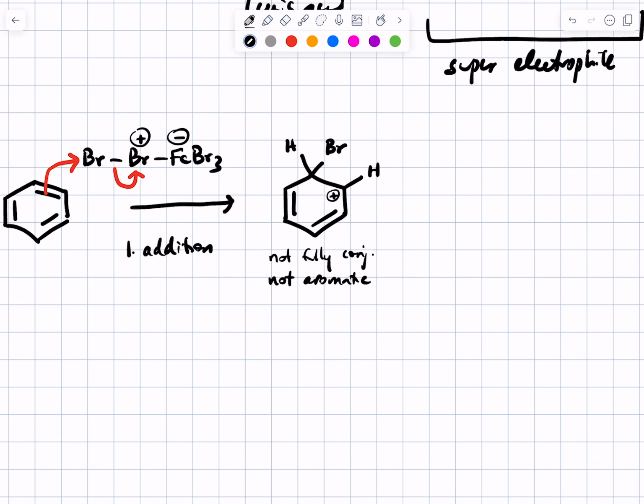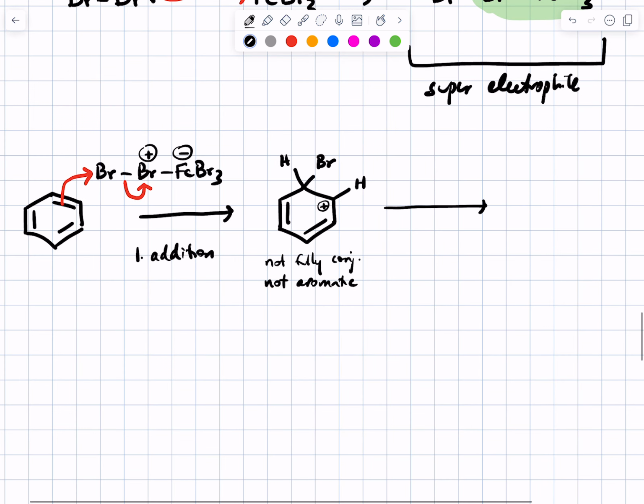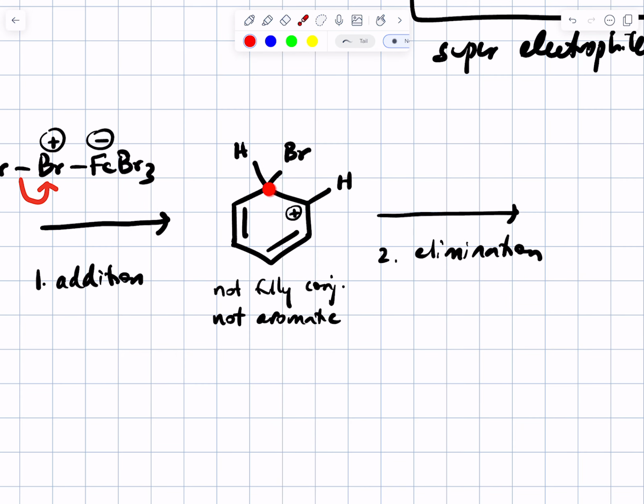What will happen next is different from what happened in the alkene reaction. In addition to alkene's reaction, a nucleophile would have come in and attacked this positive charge. Instead, what happens is an elimination step. And what we do here is going to look like an E1 reaction. On the carbon that has the bromine, you also have a hydrogen, and on the adjacent carbon is a positive charge.